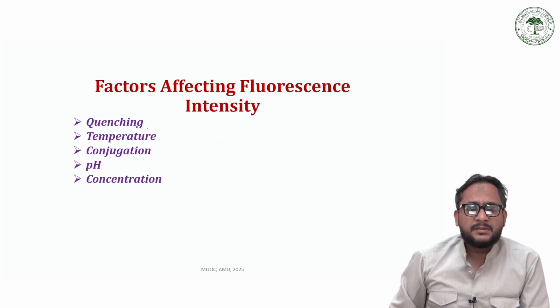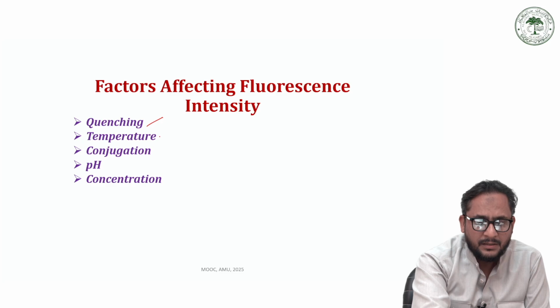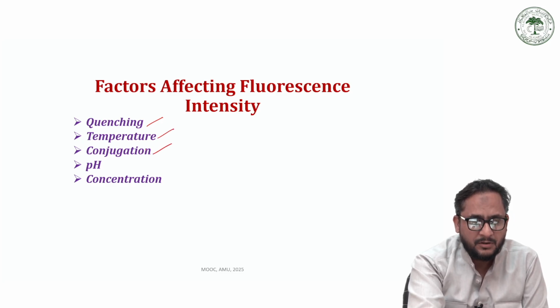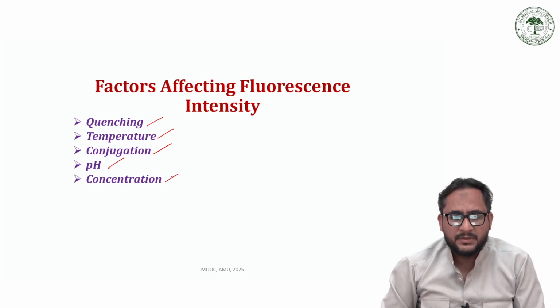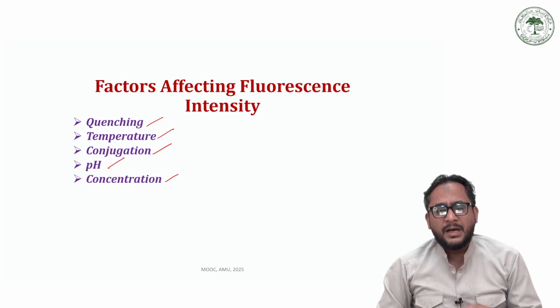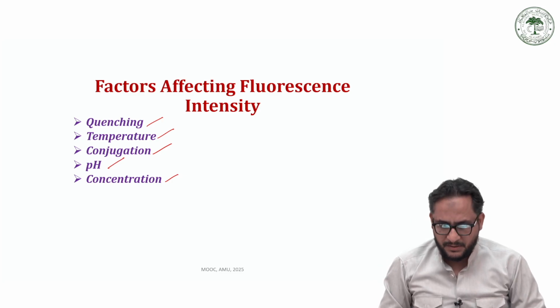These are a few factors that affect the intensity of the fluorescence light: quenching, the temperature of the sample, conjugation in the sample if present or not, the pH of the system, as well as the concentration of the samples. These are the factors that I am going to discuss with you, and that directly affect the intensity of the fluorescence light being emitted.